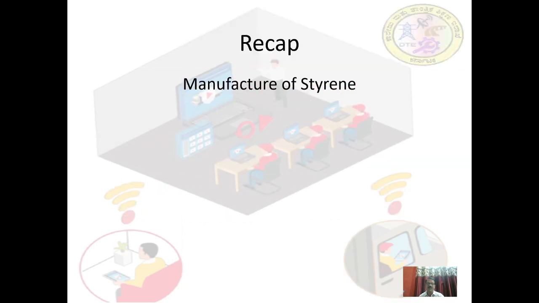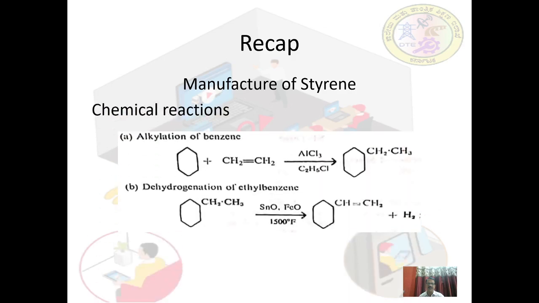Manufacture of styrene, the chemical reactions involved we have seen. Alkylation of benzene: the benzene is alkylated with ethylene in presence of aluminum trichloride and ethyl chloride as catalyst to ethyl benzene.